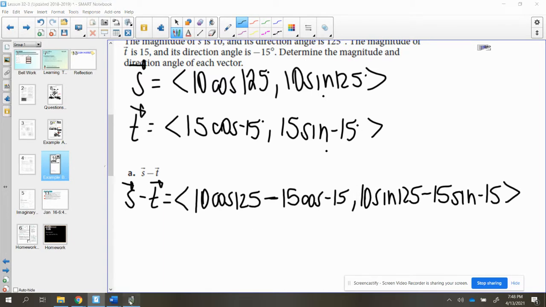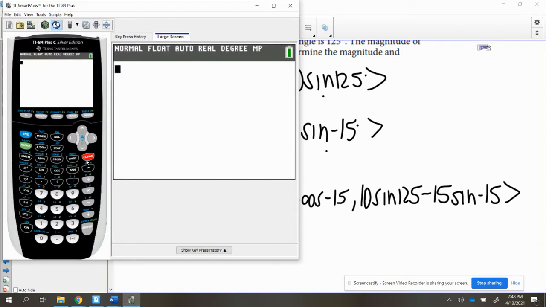Okay, so in order to find our component form, again, we're going to start with 10 cosine 125 minus 15 cosine negative 15. The A component is approximately negative 20.2.